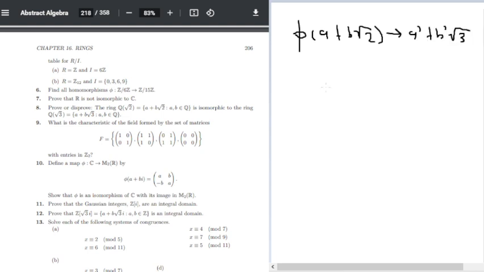Well, first of all, let's note that phi of a is sent to a prime plus 0 times square root of 3.